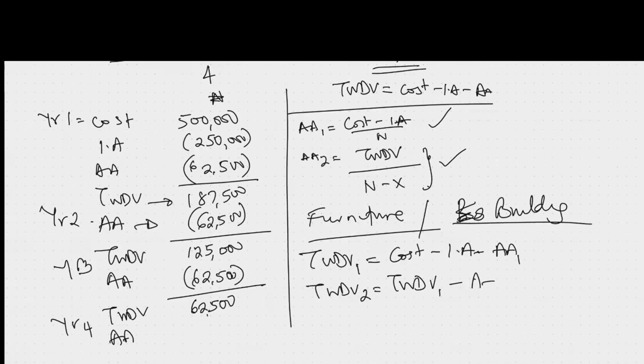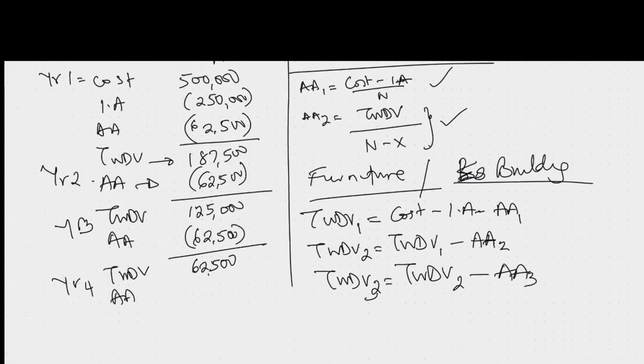Year three will be my tax return value two minus my annual allowance three. Year four will be my tax return value three minus my annual allowance four.